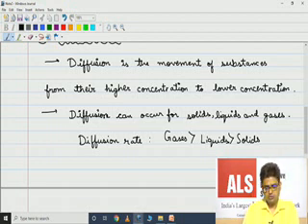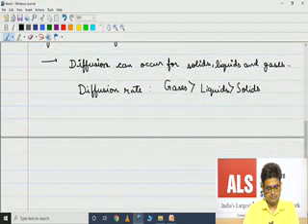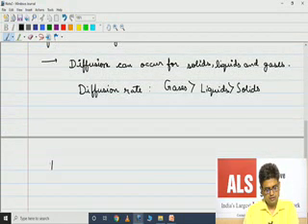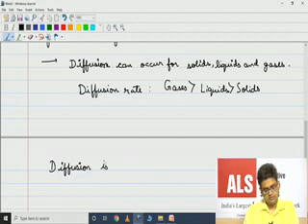Now diffusion is of two types. Simple diffusion and facilitated diffusion.